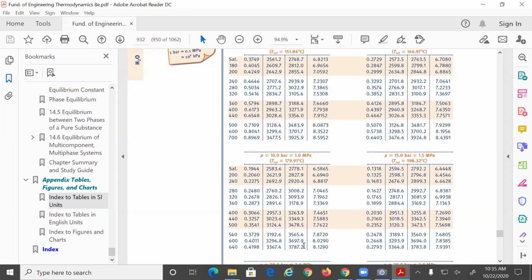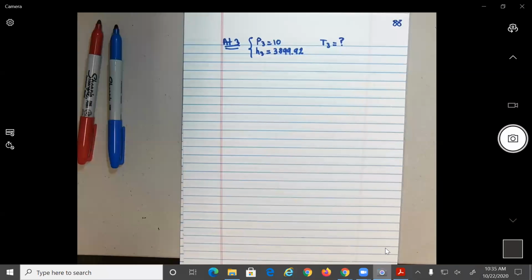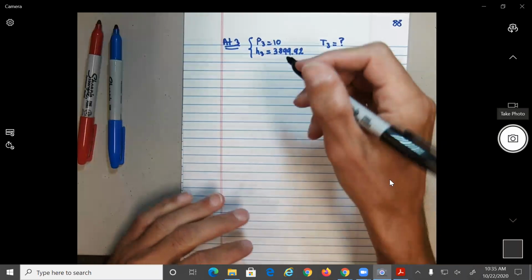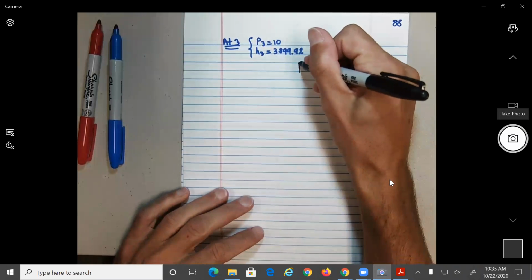So let's see how I can do this if they don't give us the value. All right, let's do it. I think I know what to do. What I have in mind is, let me sketch it, it might be easier to visualize.